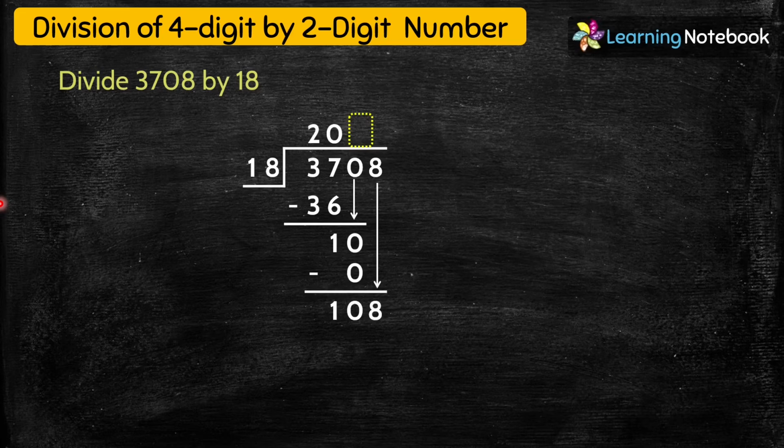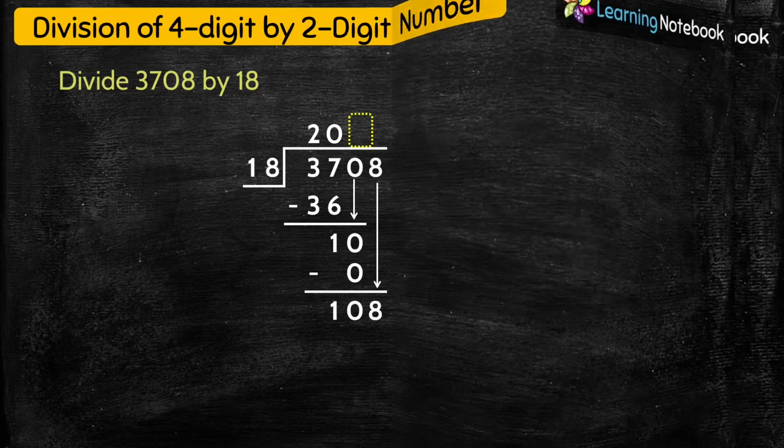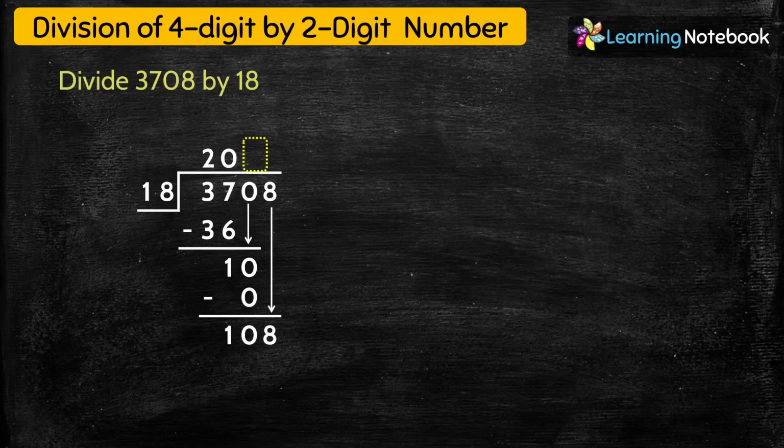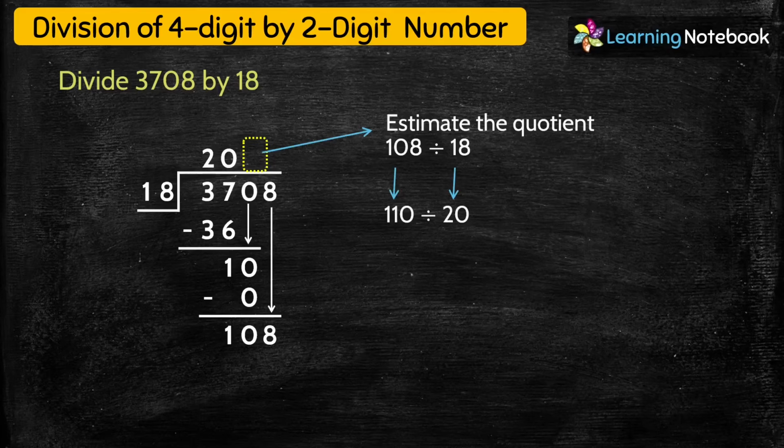For this, we will find the estimated quotient again. Let's round off both the numbers. 108 rounds off to 110 and 18 rounds off to 20. Cancel 0 by 0 and now we are left with 11 divided by 2.